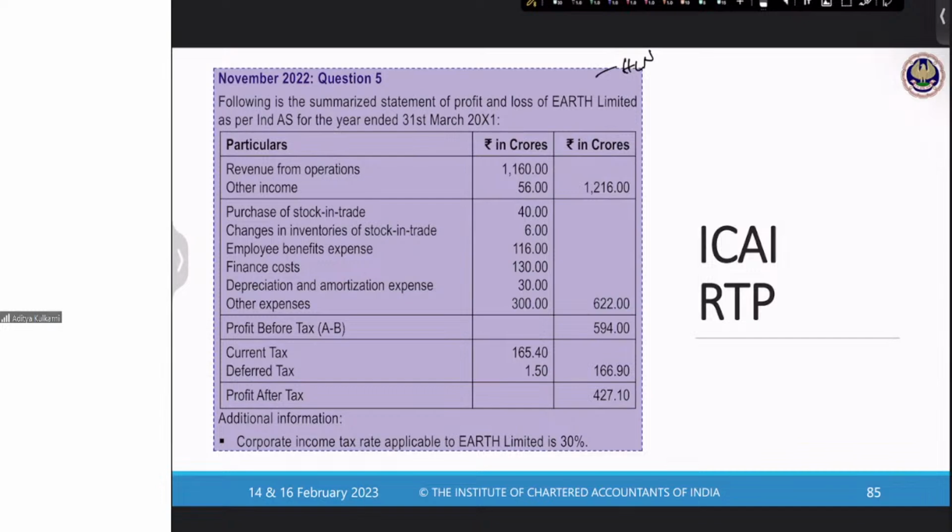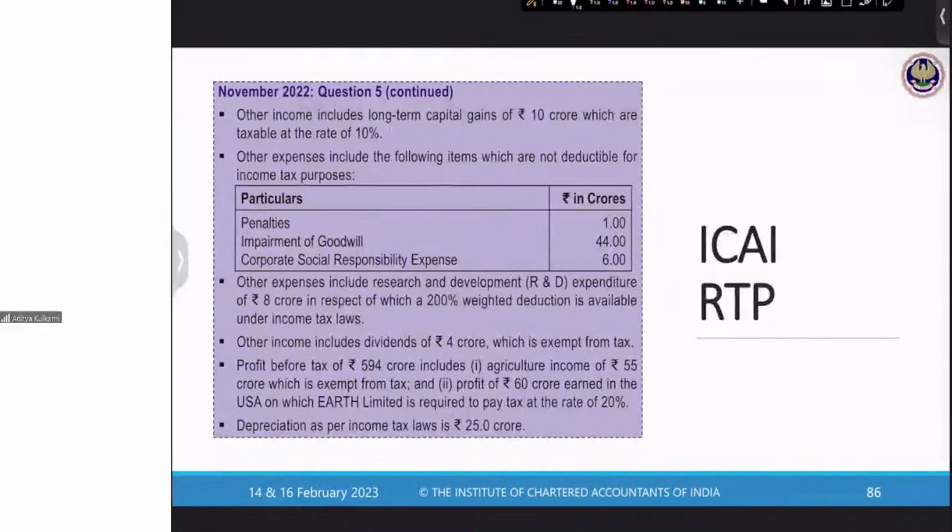Okay. So following is the summarized P&L of Earth Limited as per Ind AS. So you are having revenue, profit before tax, and you are having tax expense, profit after tax. Additional information: rate applicable is 30%. Other income includes long-term capital gains of 10 crore, which is taxable at 10%.